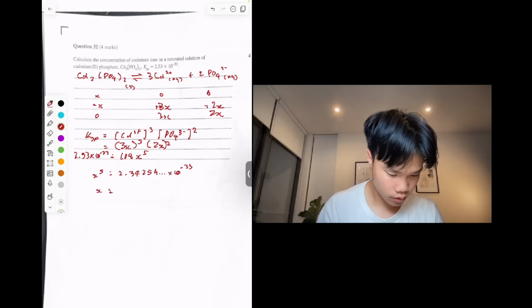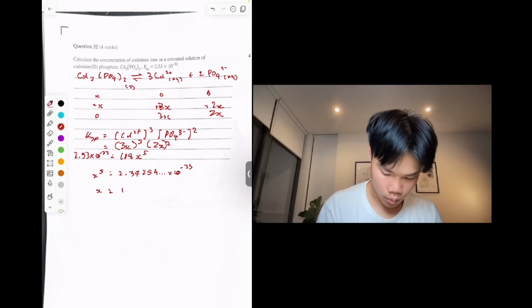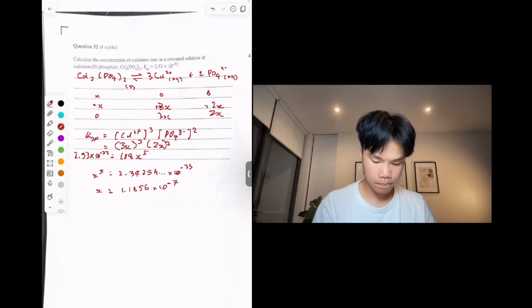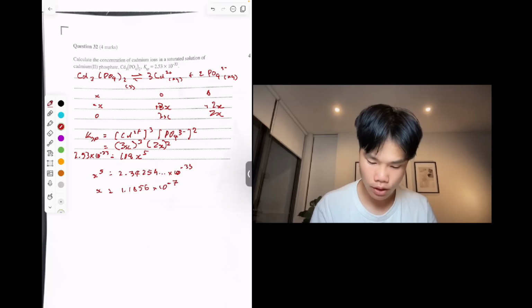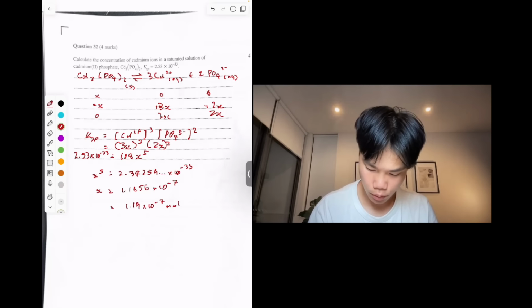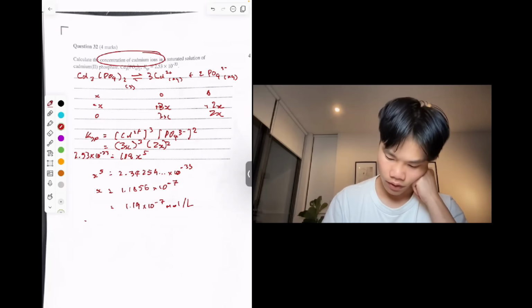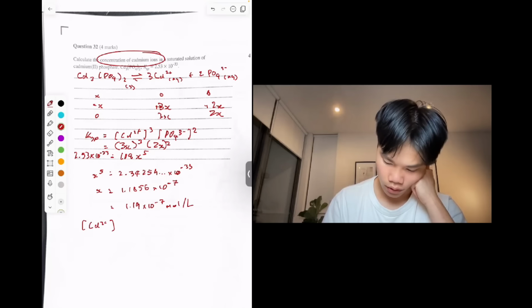X equals the fifth root, and the answer is 1.1856 times 10 to the negative 7. And you can simplify this down to how many sig figs? We've got 3 in the question stem, that's all we've used. So this would be 1.19 times 10 to the negative 7 moles per liter is X. And if we're trying to find the concentration of cadmium ions, then Cd2+ is equal to 3 times X at equilibrium.